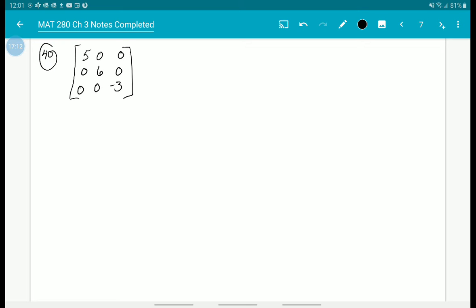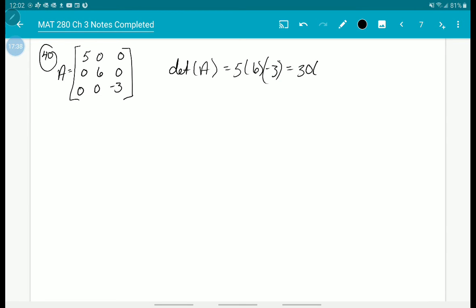I'm going to call this matrix A. Now this is a diagonal matrix, which is a special case of a triangular matrix, but that rule is going to hold regardless, and I want to show you why. We already know what the determinant is going to be. By theorem 3.2, that determinant is going to be 5 times 6 times the negative 3. So we're going to have 30 times the negative 3, which ends up being negative 90.